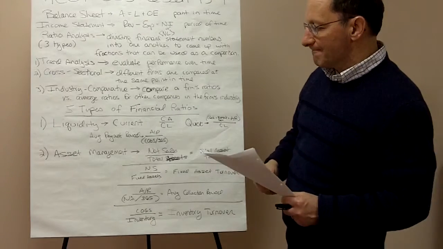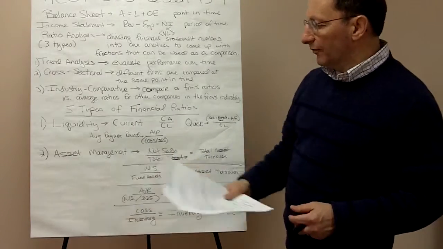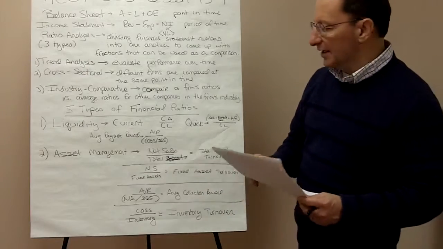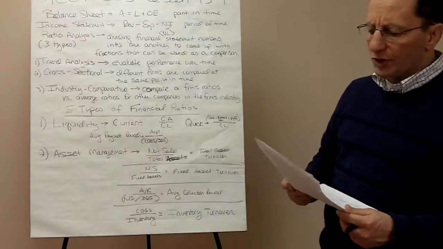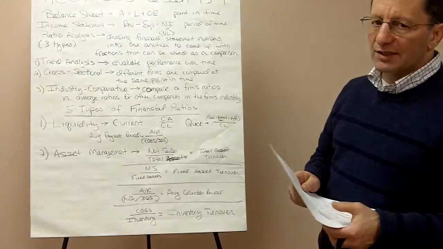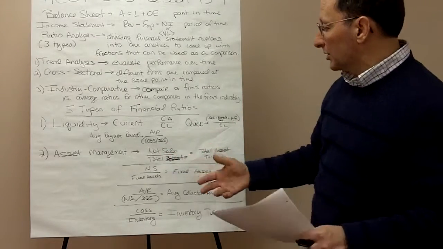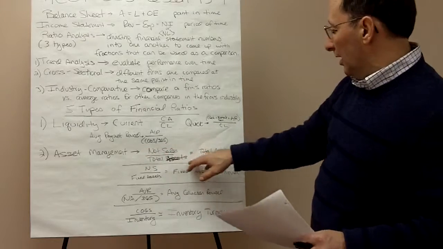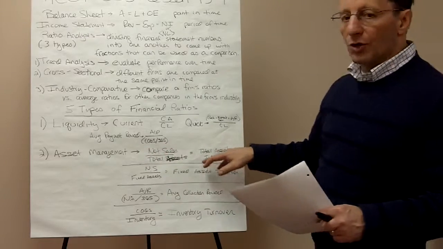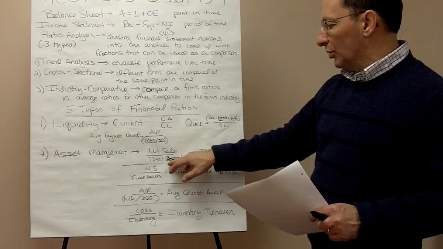The second type of financial ratio is asset management ratios. Those ratios basically say, how are your assets being utilized to create sales? We have our total asset turnover ratio, which is our net sales divided by our total assets.